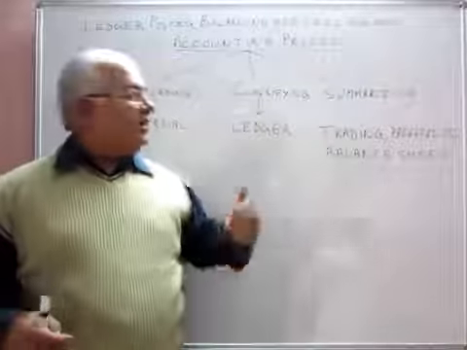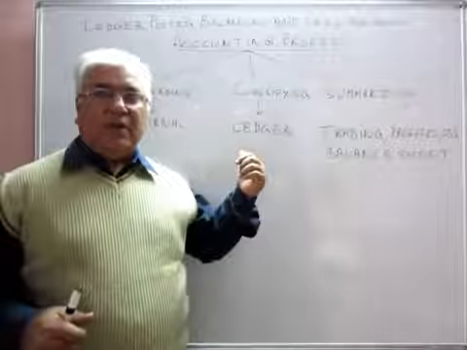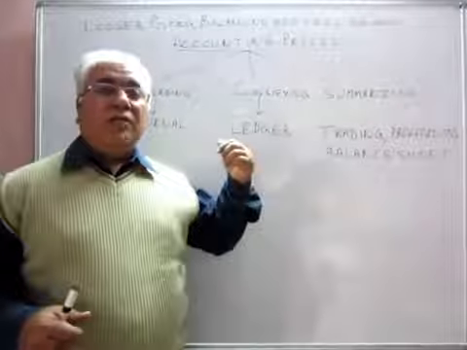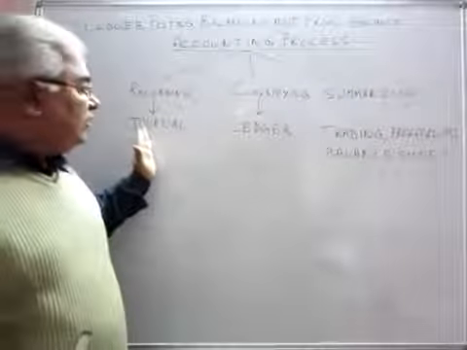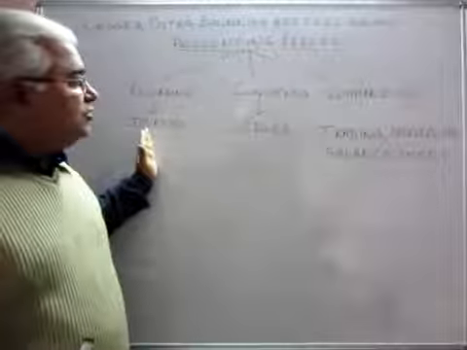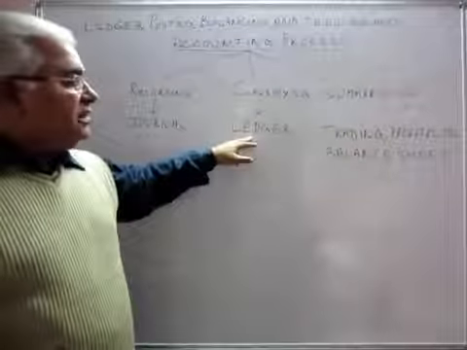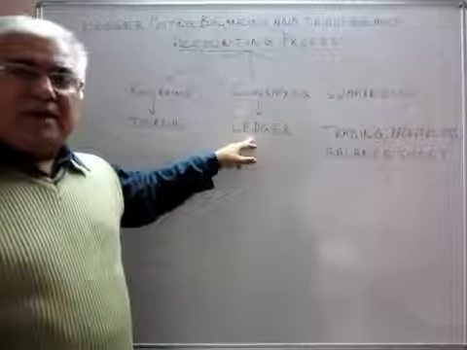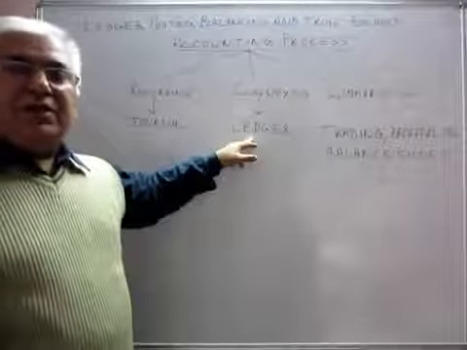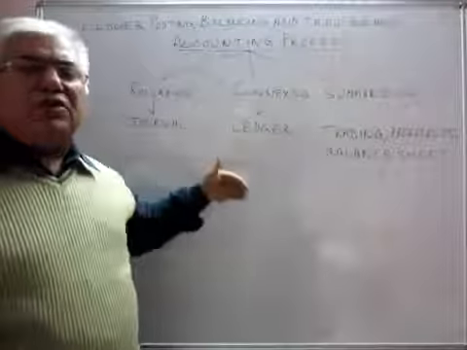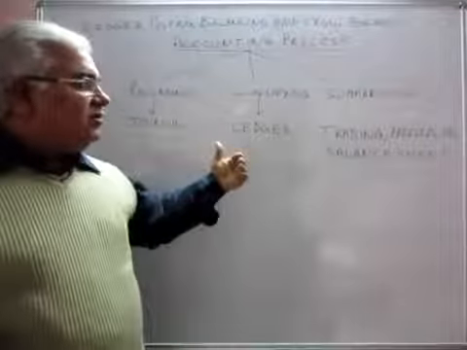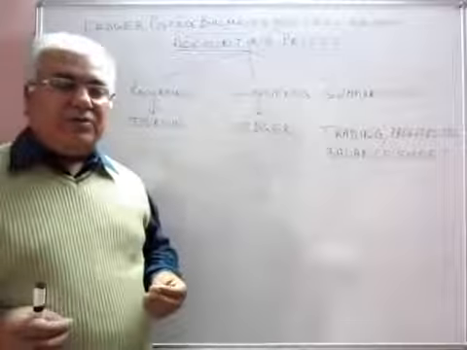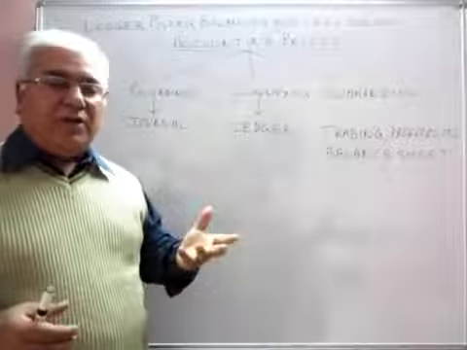All accounts are contained in this book. So from journal, all the entries are posted to ledger. This ledger contains accounts of, say, cash account, bank account, building, machinery, salaries, wages, and so on. All the accounts. So now today I am going to explain the process, how we go about doing it.